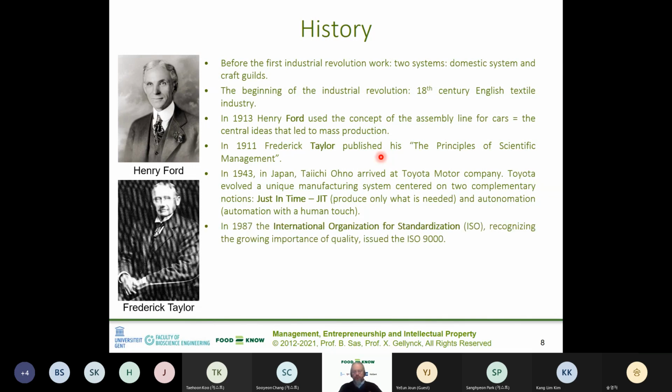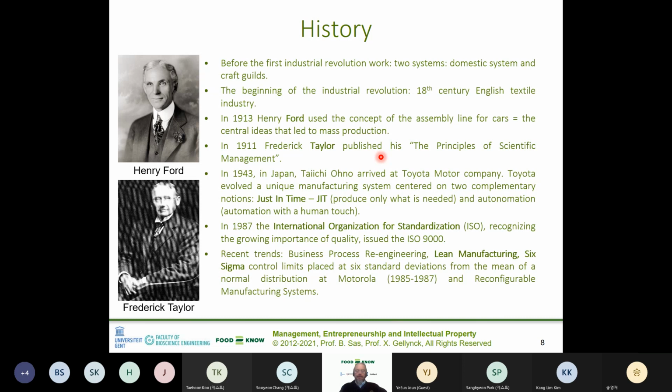And then towards the end of the 20th century, in 1987, ISO systems were introduced, the International Organization for Standardization. So here you had standardized operating procedures, for instance, for the operations. And then you had more recent trends in operation management, and we're talking about lean manufacturing and Six Sigma, which actually came from Motorola and some other companies.